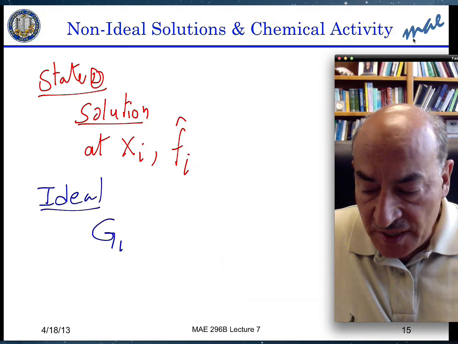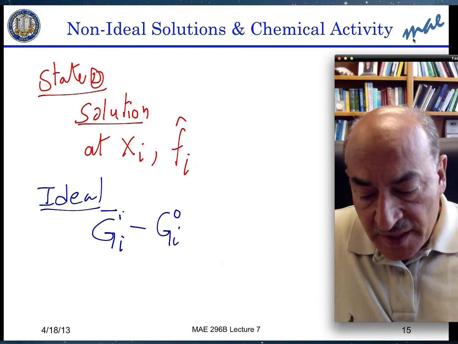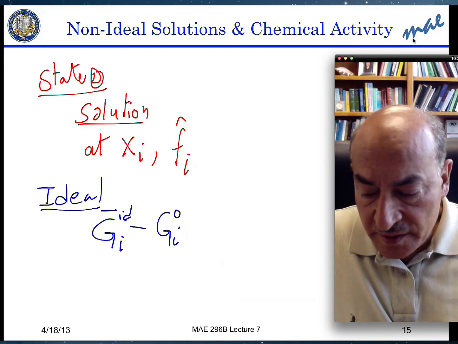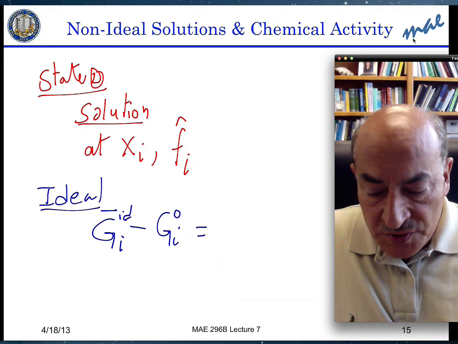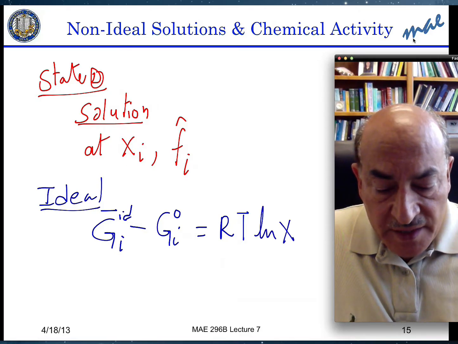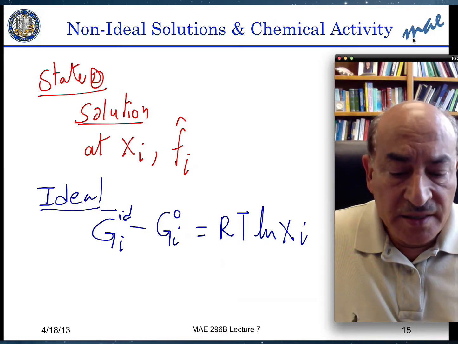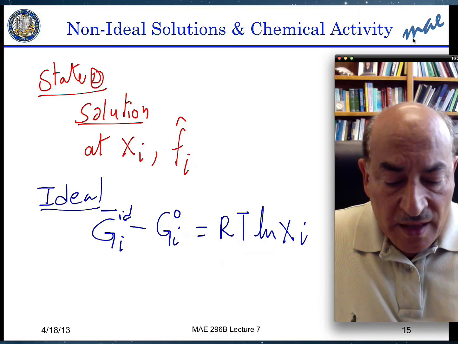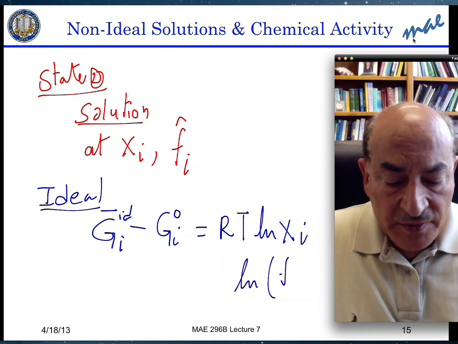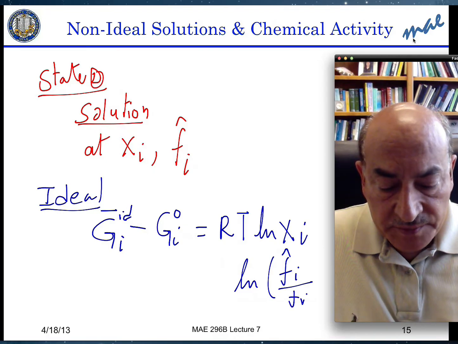I will get Gi bar minus Gi 0, and the Gi bar is ideal here, equal to RT ln of xi. The reason that I have ln of xi is that the integration gives me ln of fi hat divided by fi.